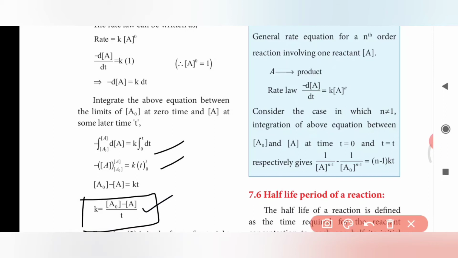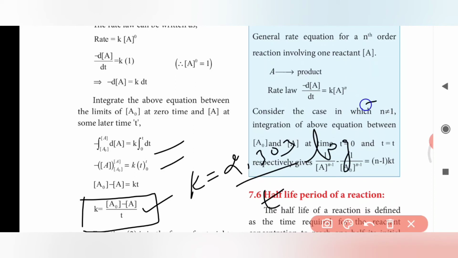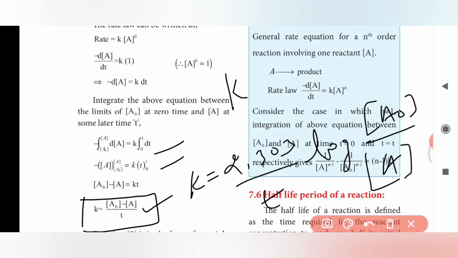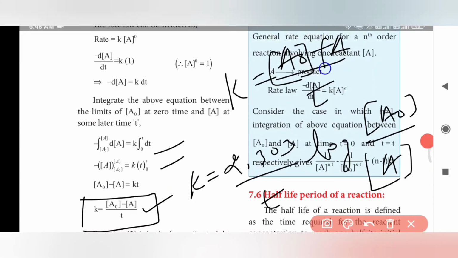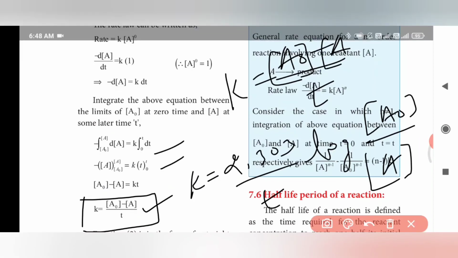For first order reaction, k equal to 2.303 by t log of A naught by A, and for zero order reaction, k equal to A naught minus A divided by t. In this case, A naught is the initial concentration and A is the final concentration.